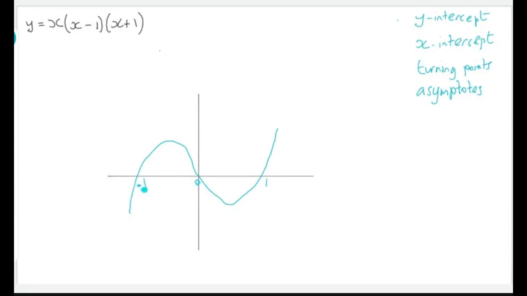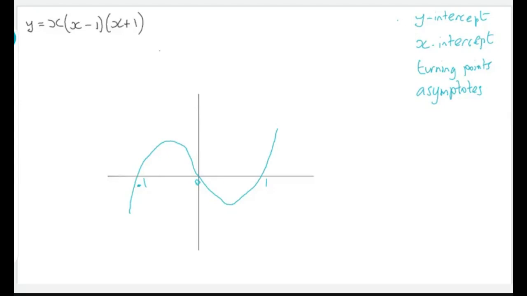So what is the y-intercept? It would be 0 as well. Yes. So you know how for the x-intercept you make y equal to 0.